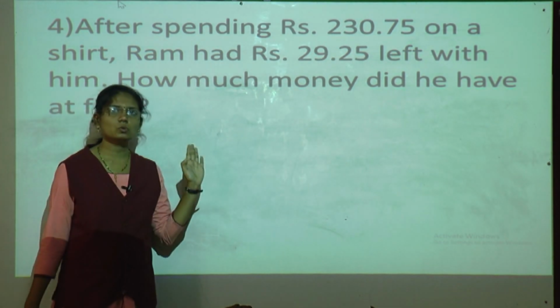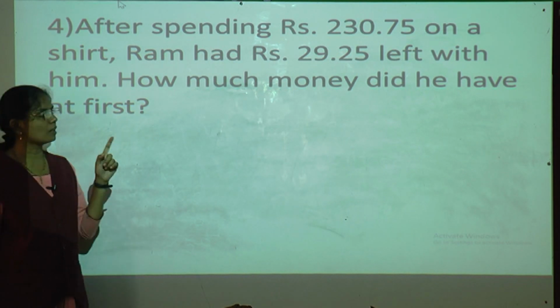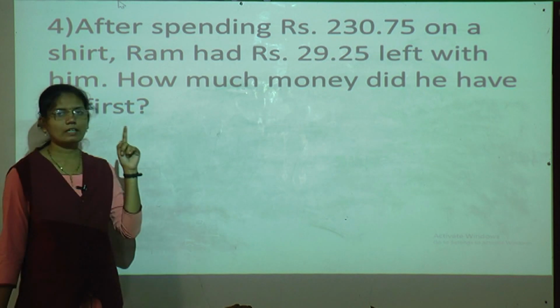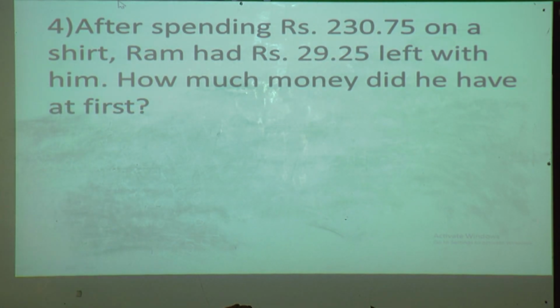Here we have to do the addition, because after spending 230.75 he had 29.25. Okay, the money left with Ram is 29.25 after spending 230.75, and the question is how much money did he have at first? So here we have to do the addition.